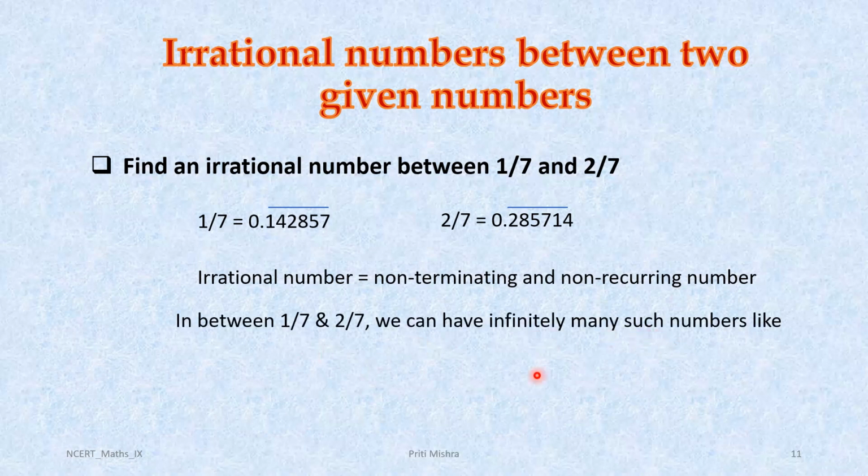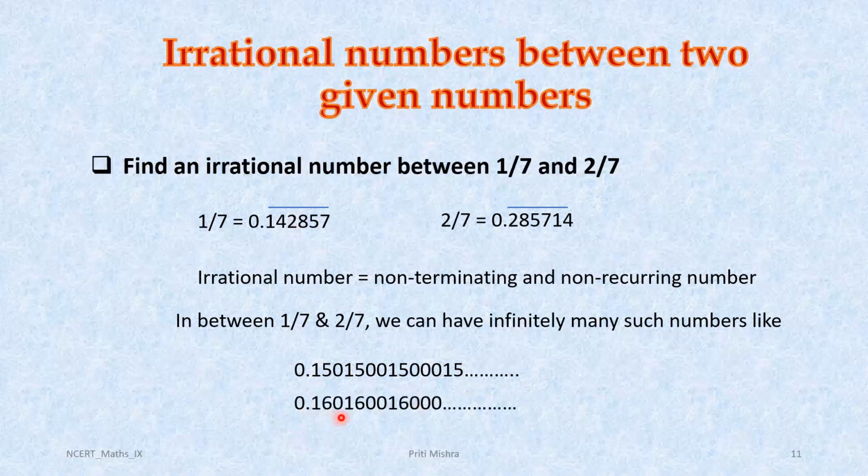We can write it like 0.14, then after 0.14 we can have 0.15015, 0015, 00015, then adding more zeros each time. Just like this, we can write an irrational number in between these two numbers. One more I can write is 0.160, 1600, 16000, and so on. In this way, you can write many more numbers in between these two.